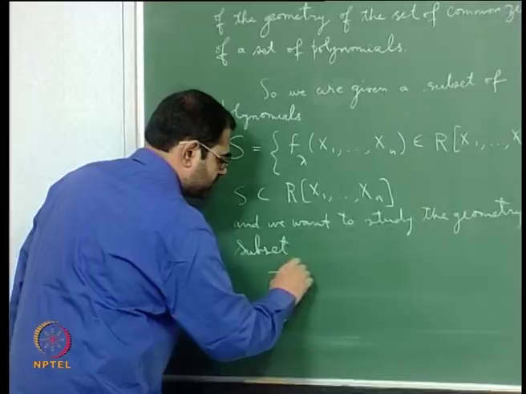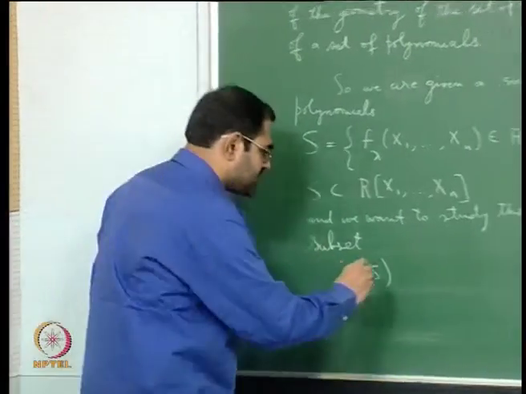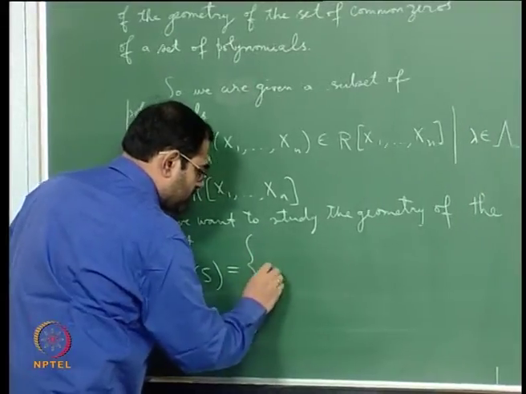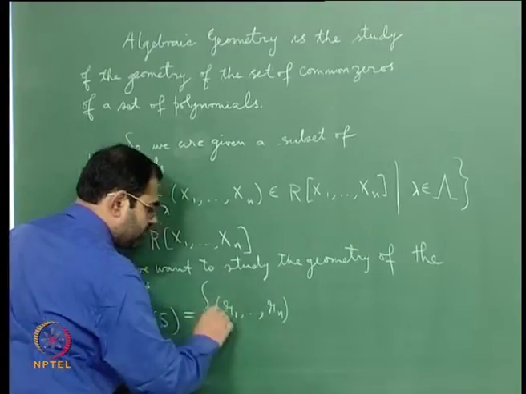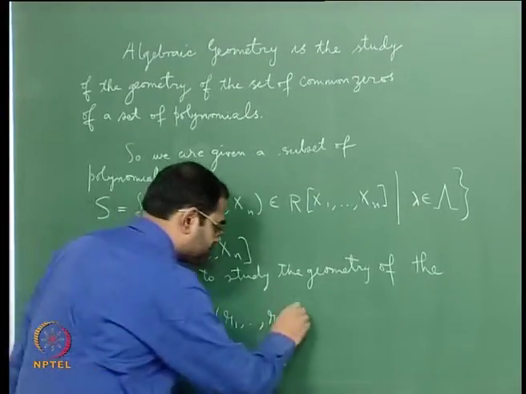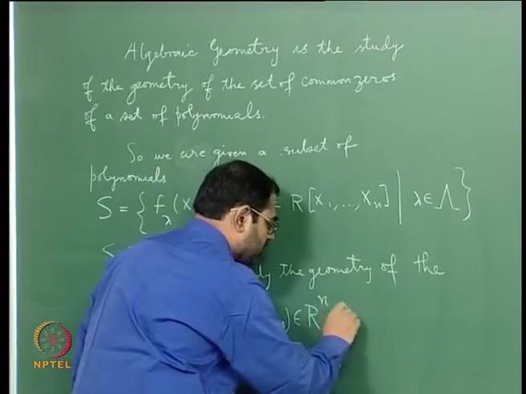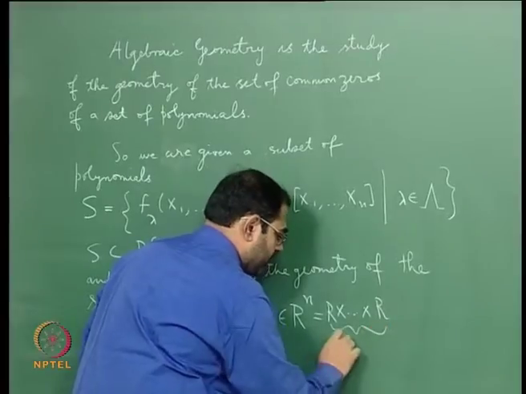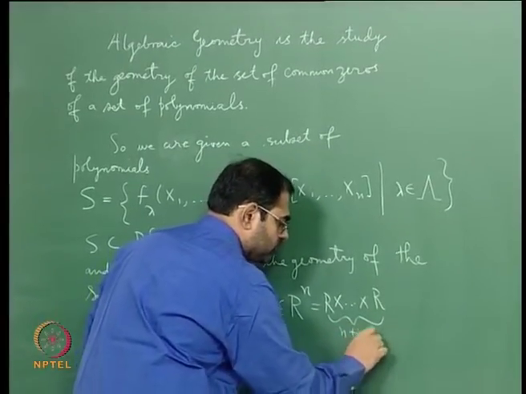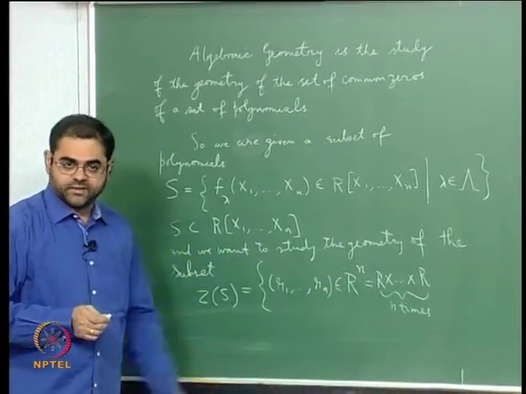Z of S, the set of common zeros of S, and that is defined to be the set of all (r1 etc. rn), n-tuples of elements of R. So this is just R cross R n times, the Cartesian product of R taken with itself n times.